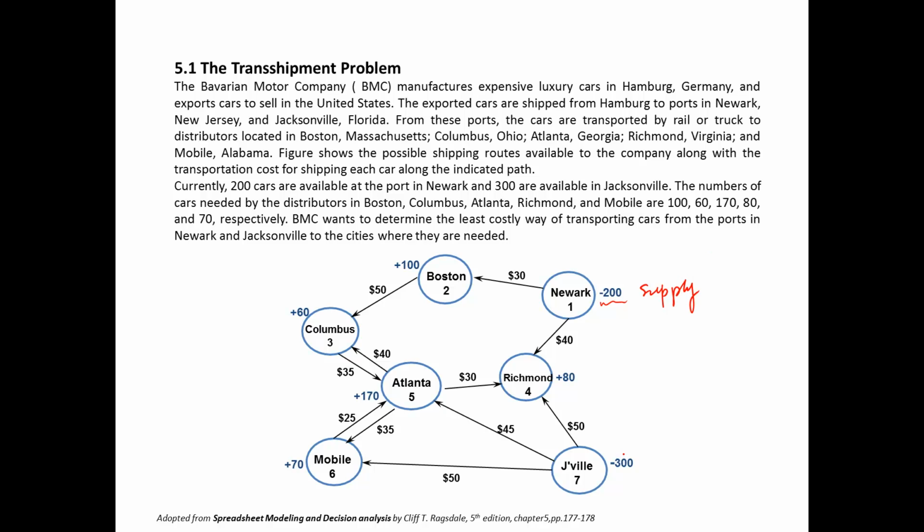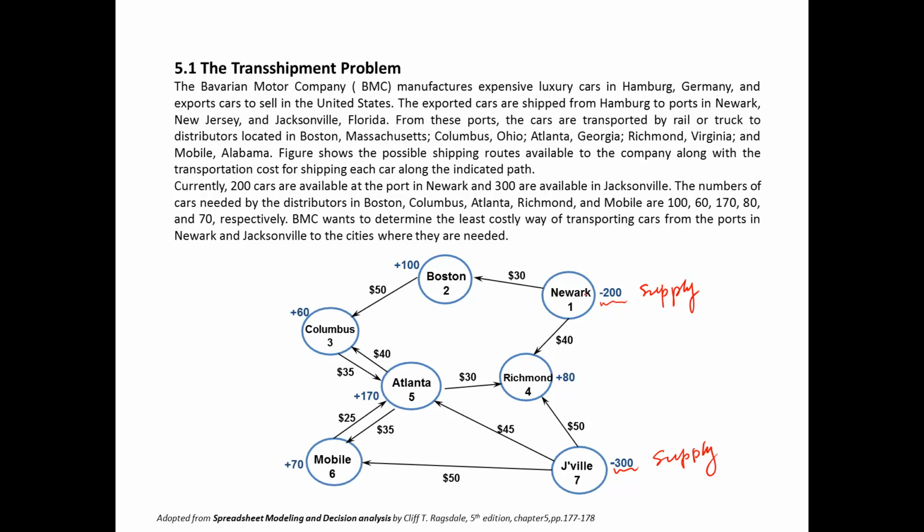Same as here, so 300 are available in Jacksonville. So this negative 300 means supplies. Later we'll talk about why we use the negative values here. But here we'll just continue.